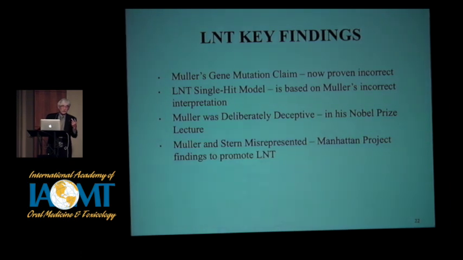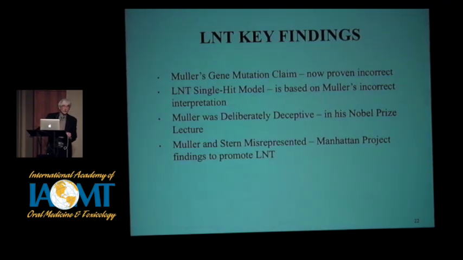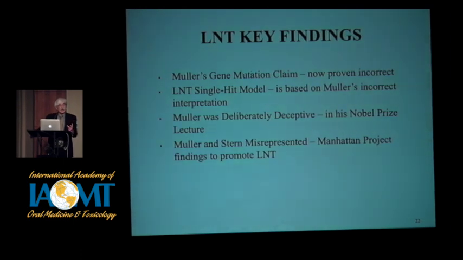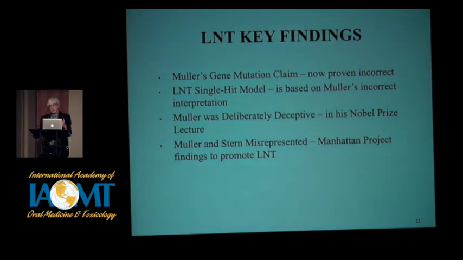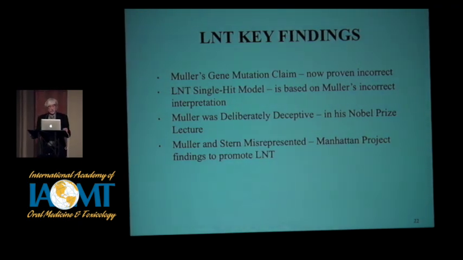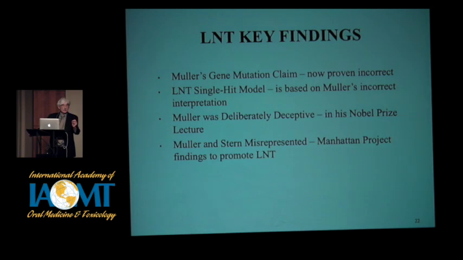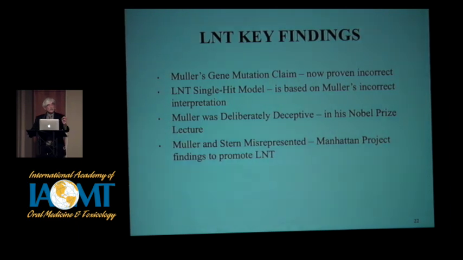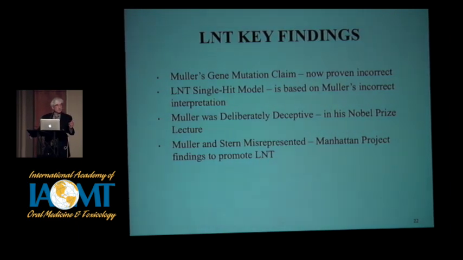And the other interesting thing that has come out here as well is that modern technology has been able to go back in with gene sequencing and other techniques, and they have actually gone back to the doses that Muller used in his Nobel Prize research, and actually have shown that he did not induce gene mutation.